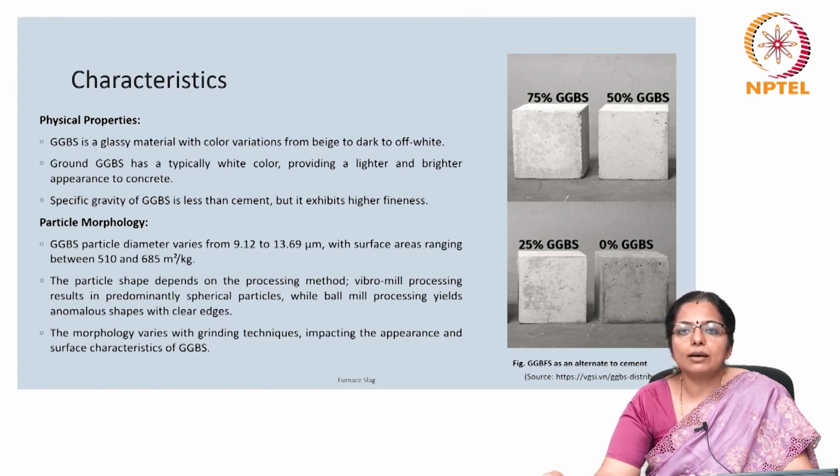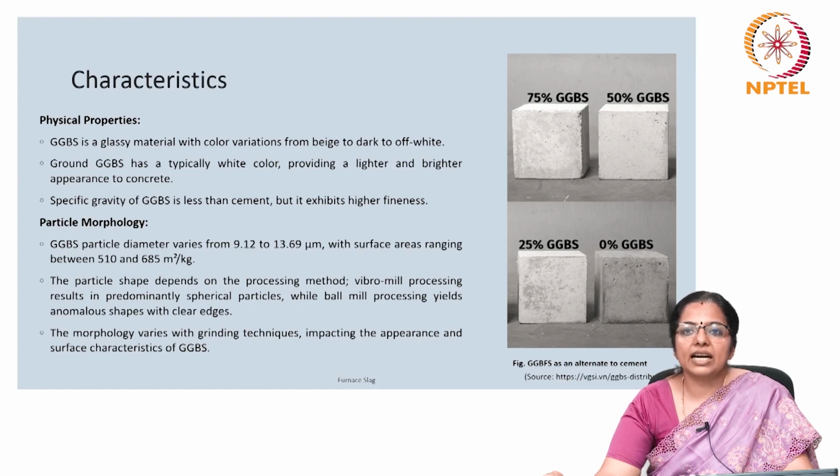The processing method significantly influences particle shape, with vibromill processing resulting in predominantly spherical particles. On the other hand, ball mill processing produces particles with anomalous shapes characterized by clear edges.